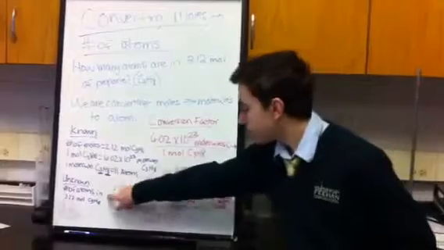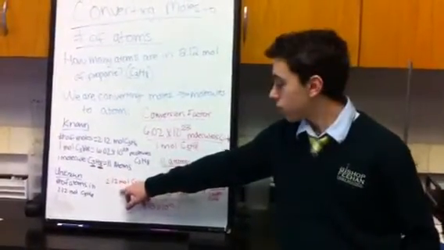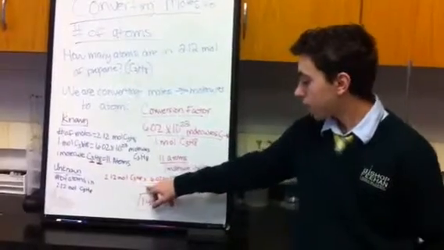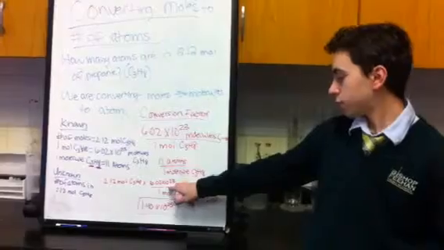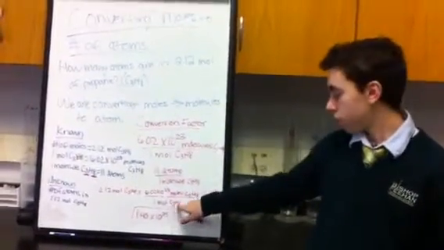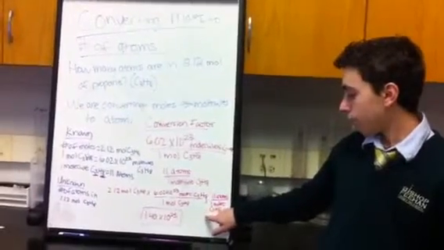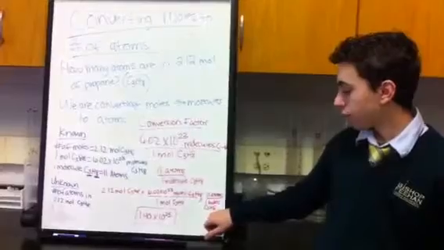The final one is 2.12 moles of propane times 6.02 times 10 to the 23rd molecules of propane over 1 mole of propane times 11 atoms over 1 molecule of propane.